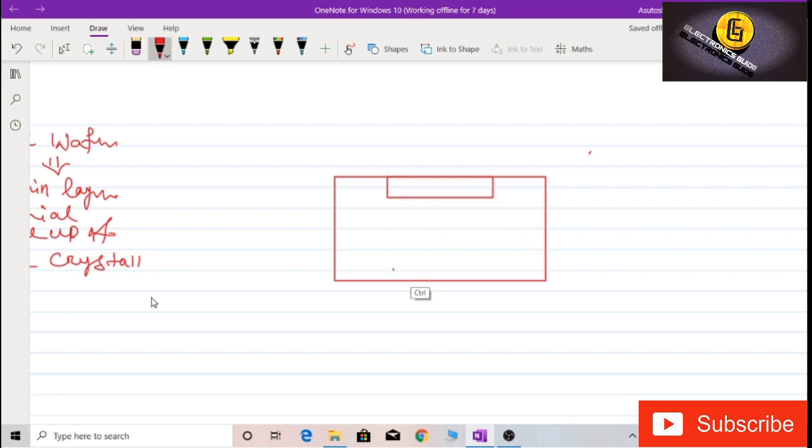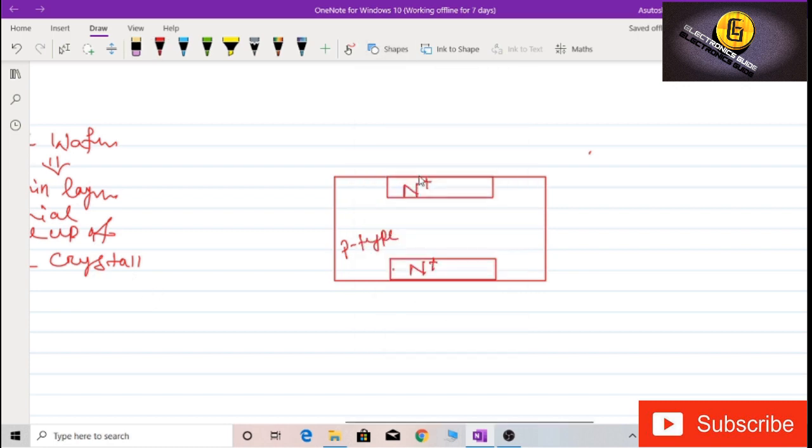I am drawing a P-channel JFET in which this is the P-type material used as substrate, and this is the N plus gate.